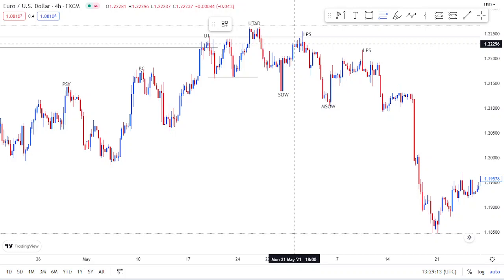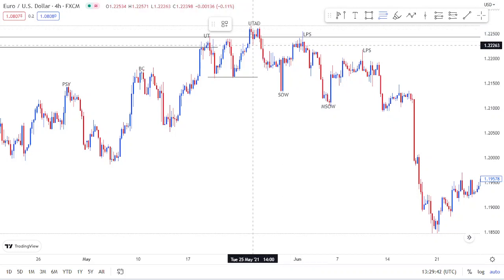As you've learned, premium areas are above the 50% area, and discount areas are below the 50% area if you draw the Fibonacci for a trading range. But I'm going to show you that there are deep discount and deep premium areas in the market. If you just use the 50 area, you're going to have a very wide stop loss, and I don't think that's beneficial for any account.